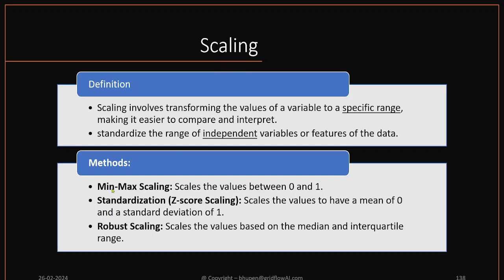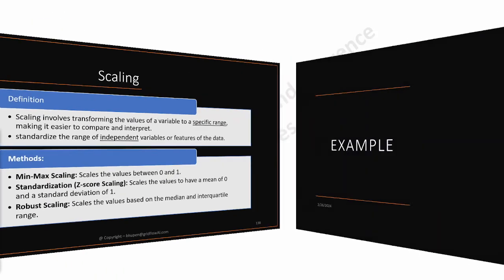The popular methods are called min-max scaling, standardization, and robust scaling. Standardization is essentially the z-score transformation that we discussed in the basic statistics course. So let's look at each of these in terms of concept and pros and cons, and then subsequently I will be showing you the Python code implementations.